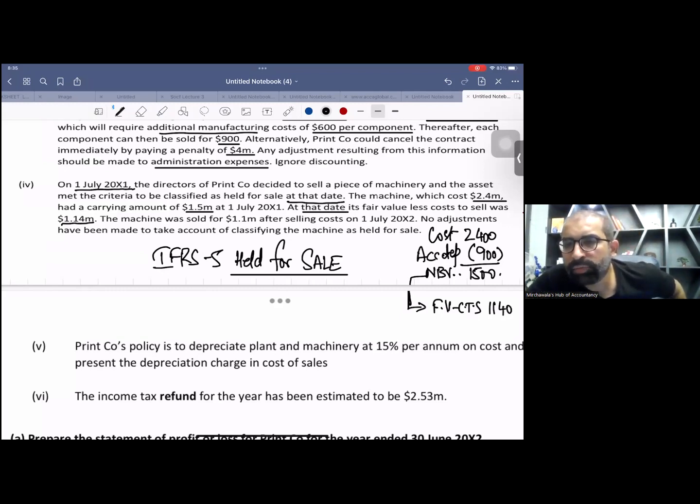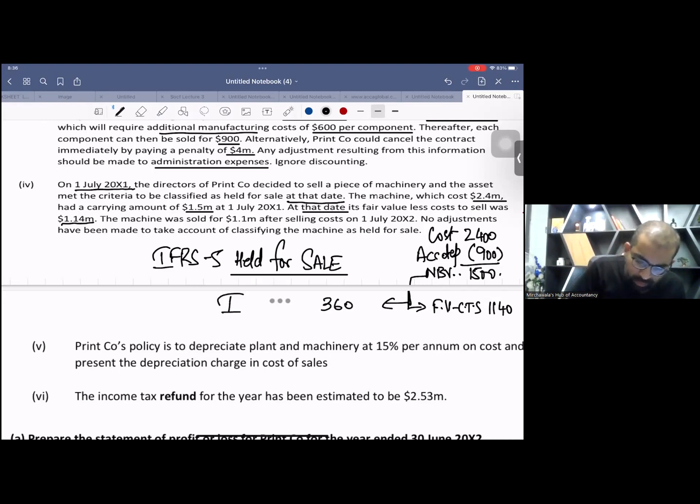Right now the NBV carrying value was 1500, but we are going to get benefit of 1140 only. So we have to book an initial impairment of 360.